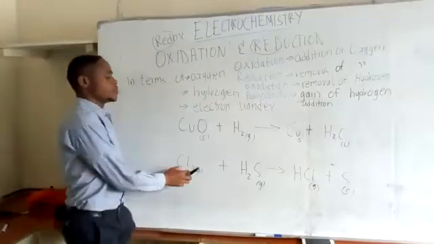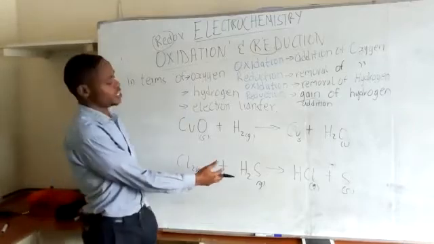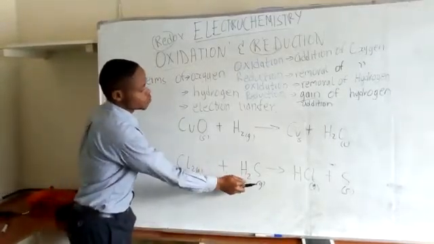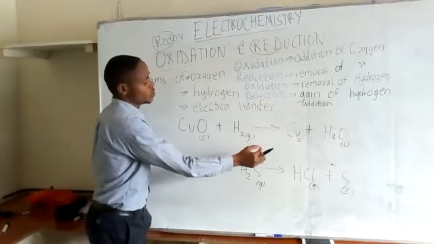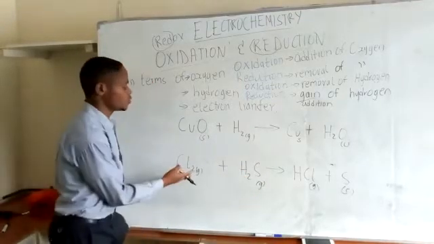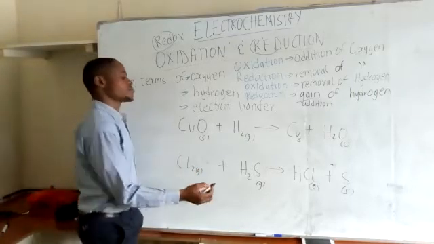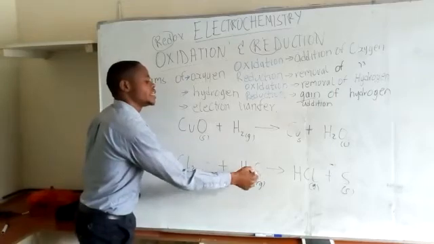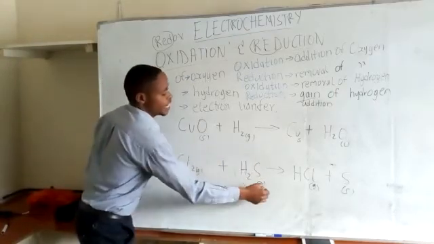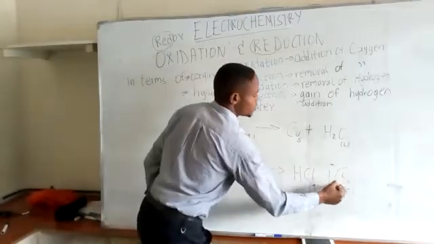A good example is when we react chlorine gas with hydrogen sulfide gas. Once you bubble hydrogen sulfide into a jar containing chlorine gas, the hydrogen in the hydrogen sulfide is removed and we end up forming sulfur.